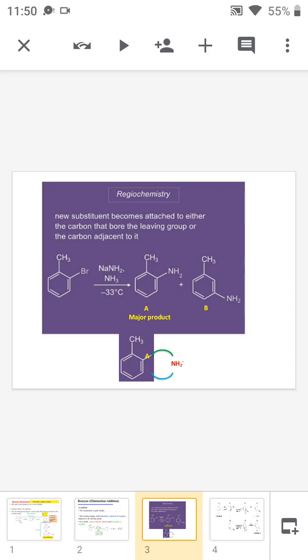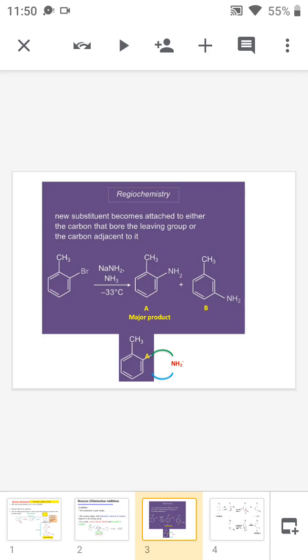A regioselective reaction means that in this reaction the reagent can attack the starting material in more than one way, and we will get more than one product.